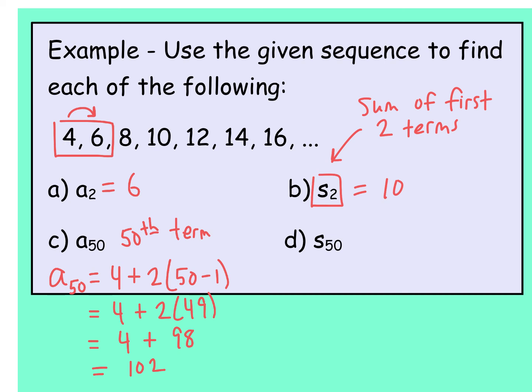Now this new one, s sub 50, we want to add up the first 50 terms. That's when we use the new formula, n over 2. Basically, think about it: if there were 50 terms, there would be 25 pairs, and each pair would add up to the first term plus the last term. The first term was 4, the last term was 102.